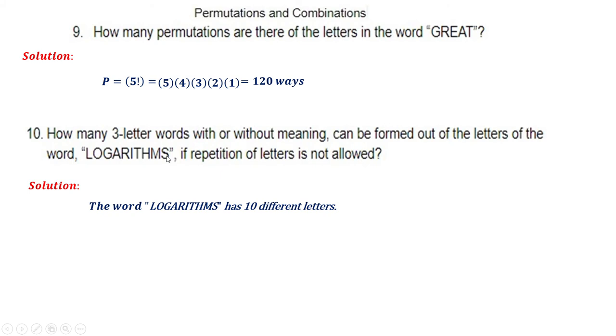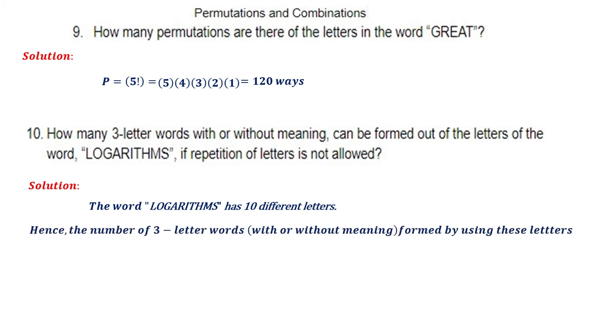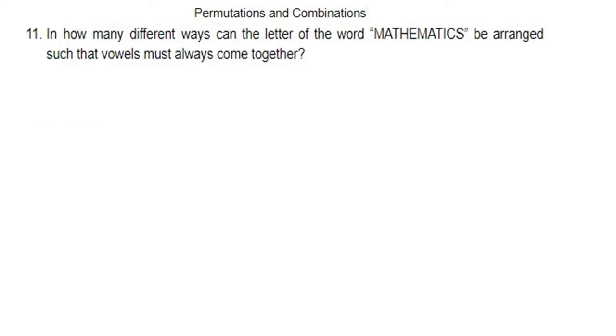So, we have 10 different letters. Hence, the three-letter words with or without meaning are formed using these letters. In our first pick in counting, 10. So, 9 remain, and when we place again, 8. So, 10 times 9 times 8 is 720 ways.